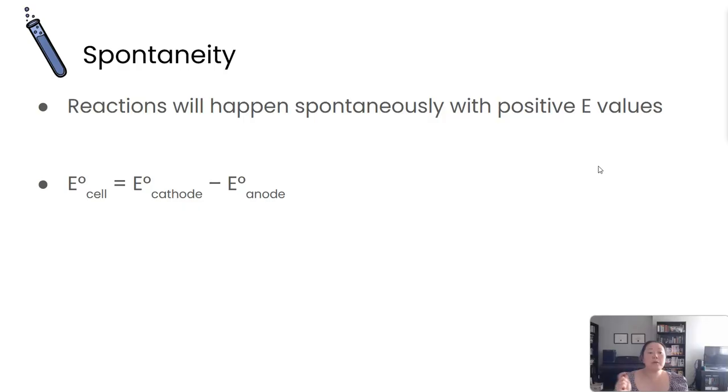To find out what the E0 value for the entire cell is going to be, you're going to take the E0 value for the reduction reaction at your cathode, and subtract the reduction potential of your anode. Please keep in mind when you're using this particular equation, you are taking the reduction values for both cases.